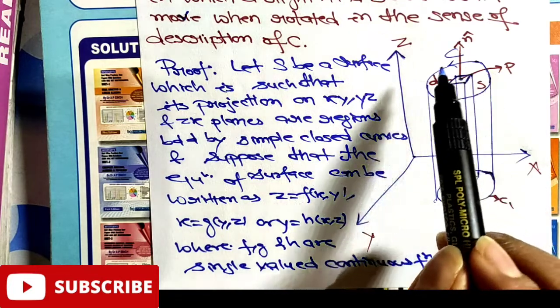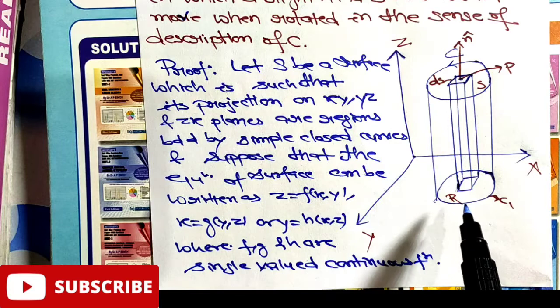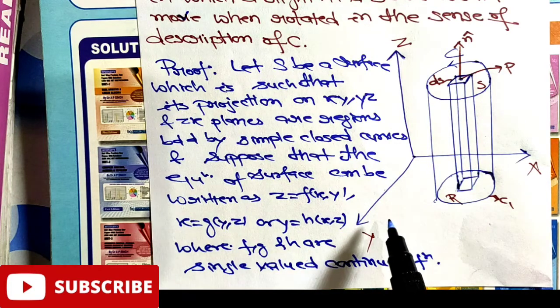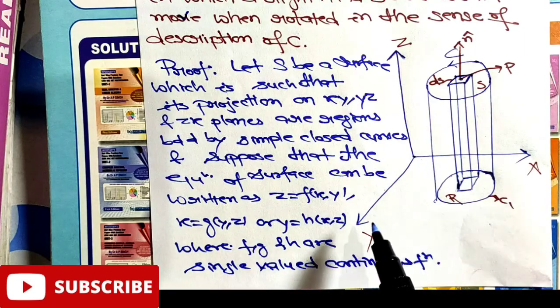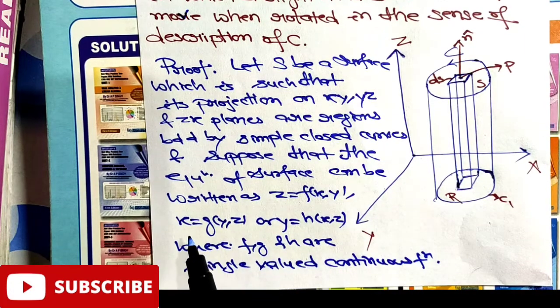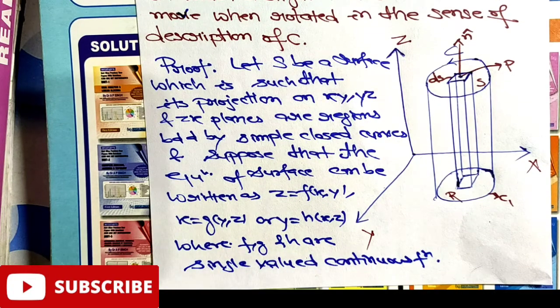If we take the curved surface parallel to the z axis, then this projection is on the xy plane, so the equation of this surface will be in terms of x and y. Likewise, if we project onto the yz plane, then x equals g of y z, y equals h of x z, and f, g, h are single valued continuous functions.